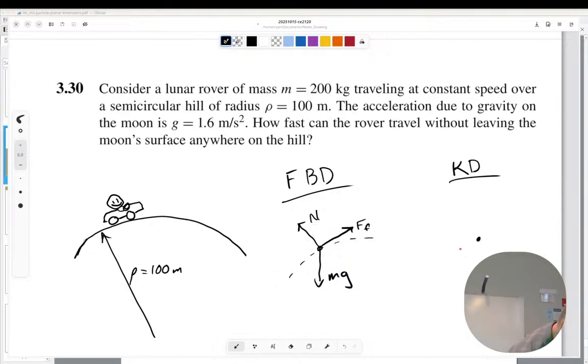So we could look at it the same way. We have the curve. Is there any acceleration along the curve? I'll call it a tangent. Is there a tangent acceleration? Maybe? What would the tangent acceleration be?